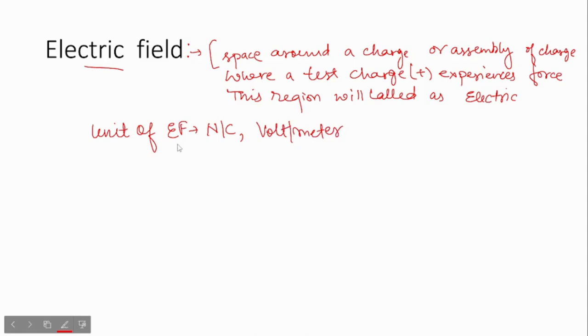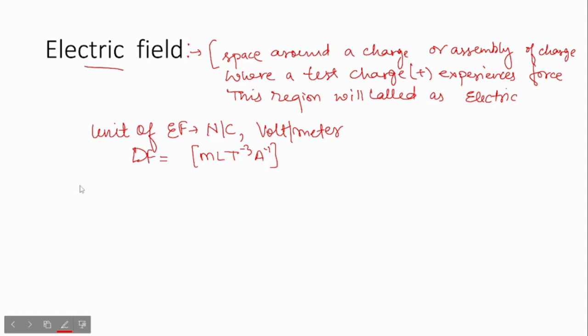These two units we are going to use in this chapter. Then the dimensional formula for electric field will be M L T^-3 A^-1. This is the unit and dimensional formula of electric field.